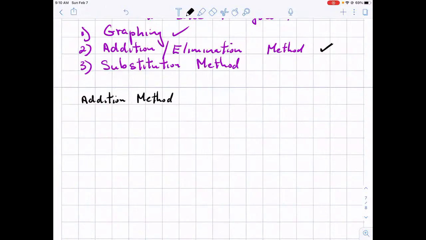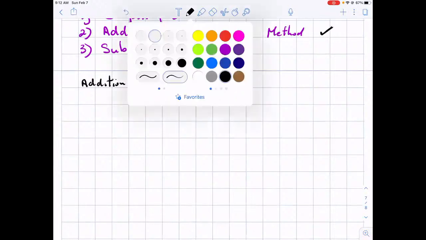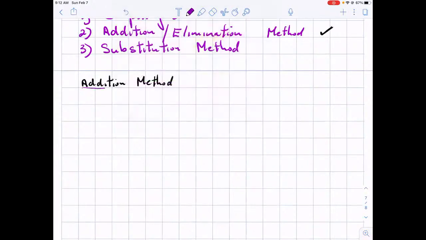Now, as we said, addition slash elimination. So that kind of gives it an idea of what we'll be doing. Now, in the addition method, what we tend to do is to perform some algebra that will, when we add the two equations, cause either the x's or the y's to cancel.